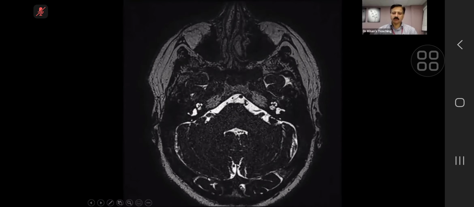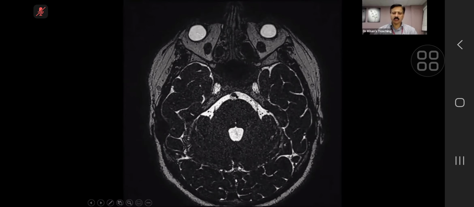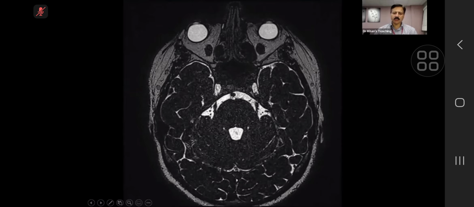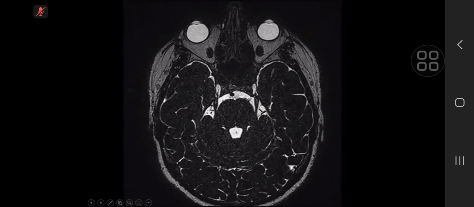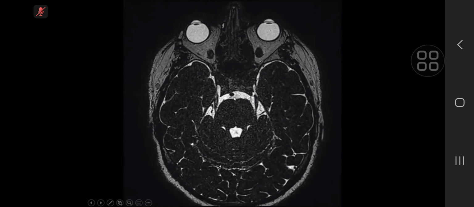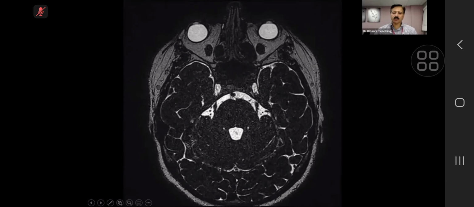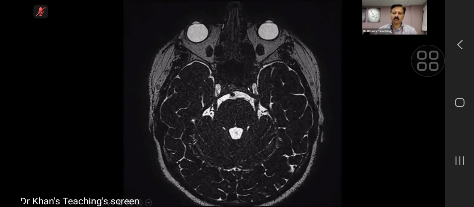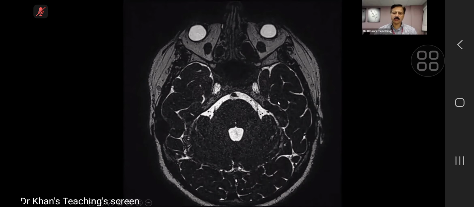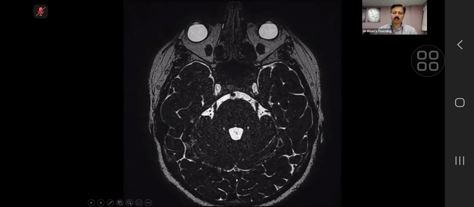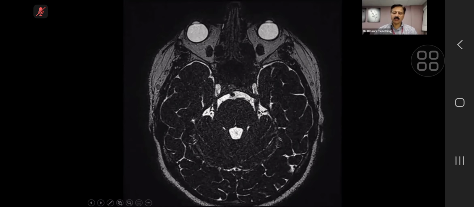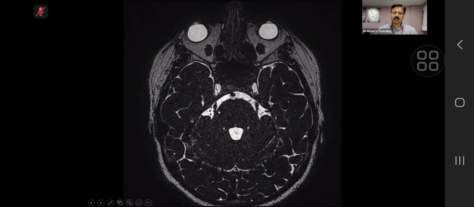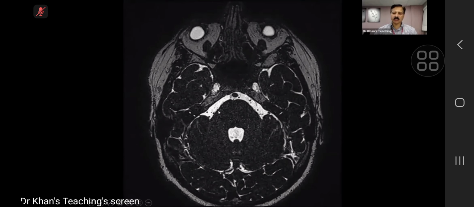Also, please remember that this is the basilar artery. When we do trigeminal nerve imaging, any patient who has got trigeminal neuralgia, we do this sequence to see what we call neurovascular conflict. Where there are vessels, are they abutting the nerve, are they compressing, and things like that?